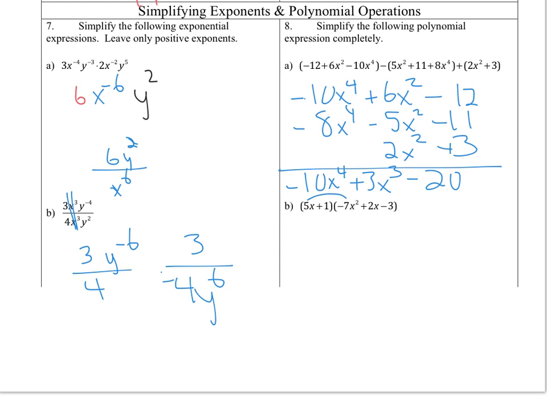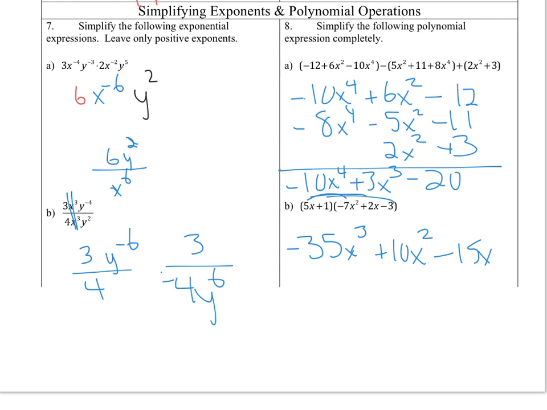Next one, multiply. So 5x times negative 7x squared is negative 35x cubed. 5x times 2x is 10x squared. 5x times negative 3 is negative 15x.